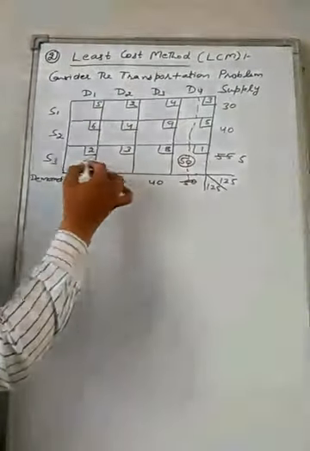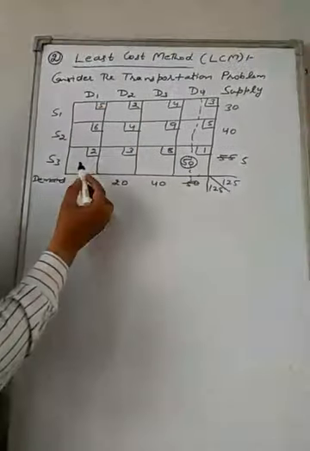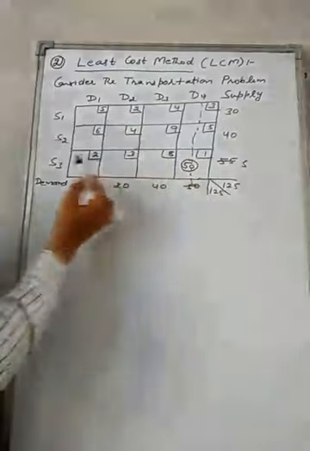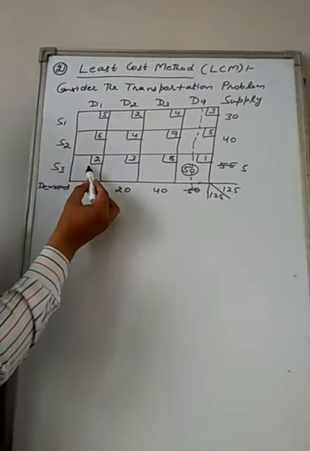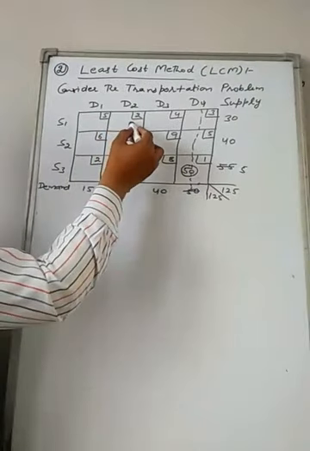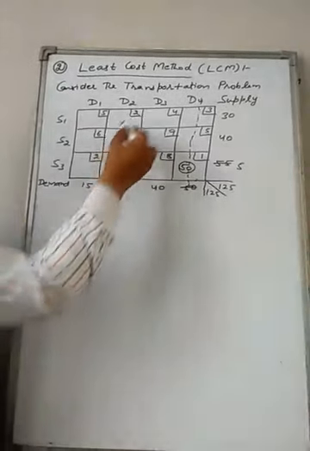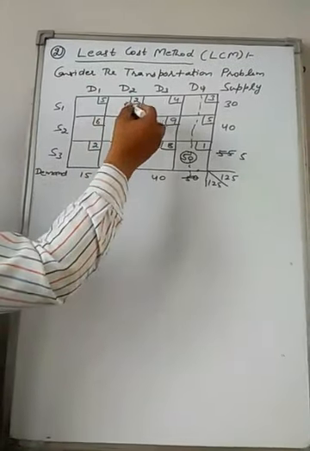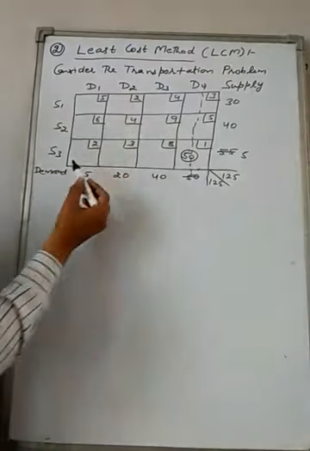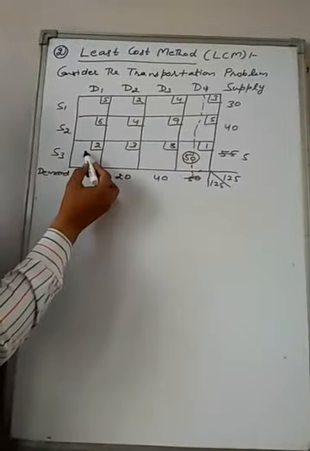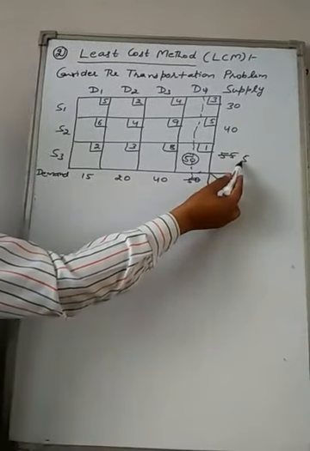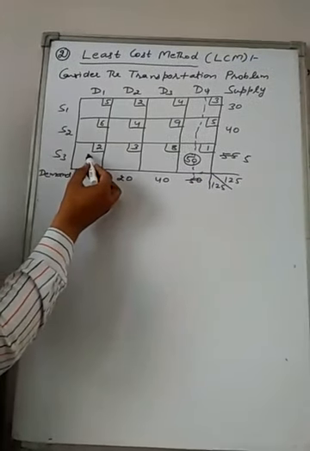Now we will choose the least cost in this matrix. The least cost in this matrix is 2, which is at this cell and also at this cell. Now as there is a tie in this case, you will take the cell where we have to allocate the minimum. For example, if we take this cell, we will allocate minimum of 5 and 15, that is 5.